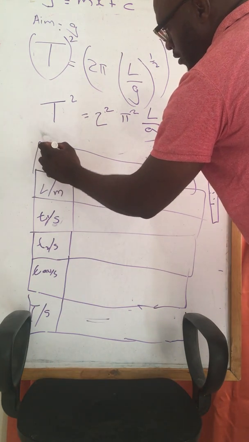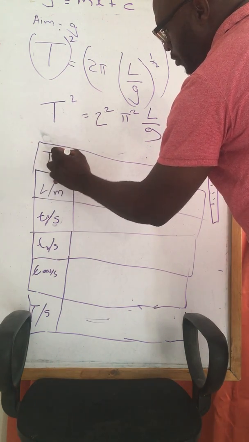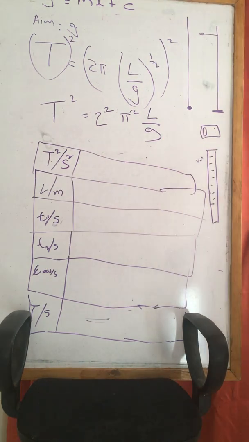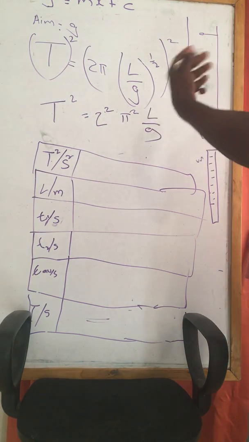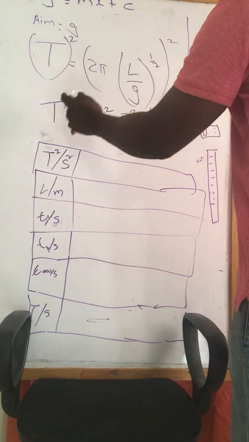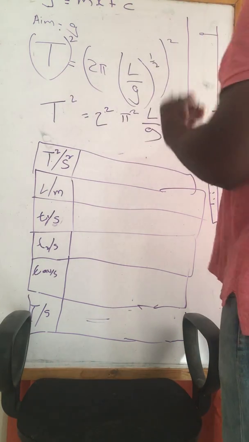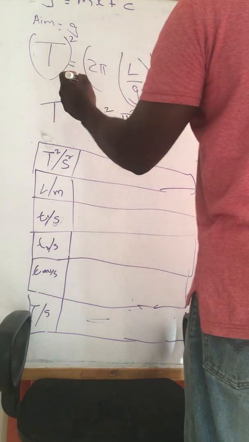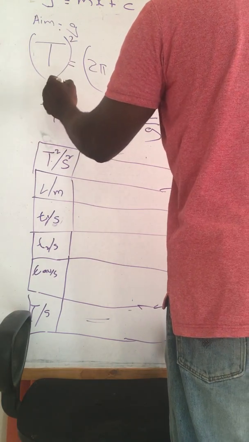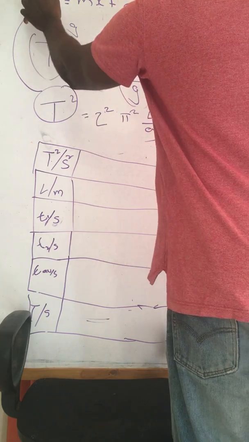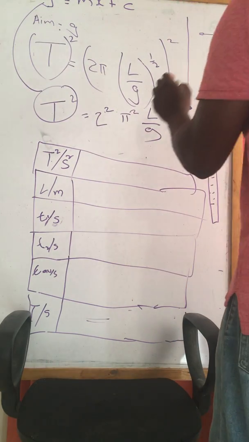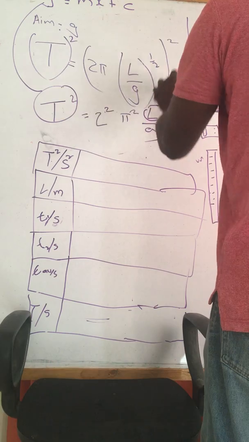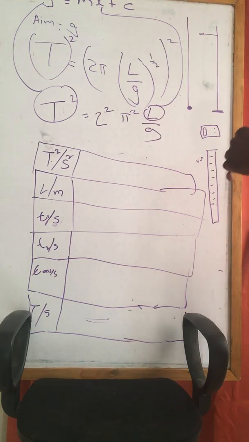So we have T squared and the unit must also be squared. Now if you plot a graph of L with T squared, let us map this equation to the straight line equation. So if we say T squared is equal to Y, and the next variable L is equal to X, then my big question to you, what is M?